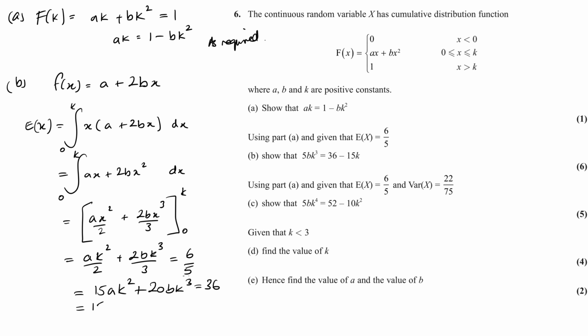So that'd be 15k times ak, isn't it? That's ak. So we got that. And then that ak becomes 1 minus bk squared.